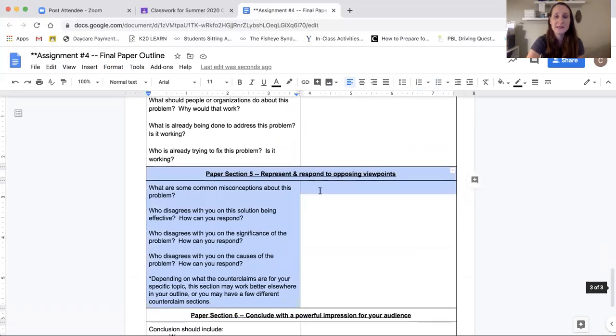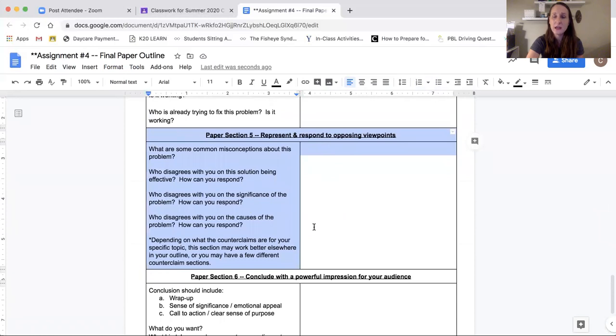However, this section here, the counterclaim section, will move depending on what your paper topic is, and the types of opposing viewpoints or different types of perspectives you have on your topic. So for example, if you're talking about something like homelessness, some people have different explanations for the causes of homelessness. Some people say it's mainly personal responsibility, and some people say it's a social issue.